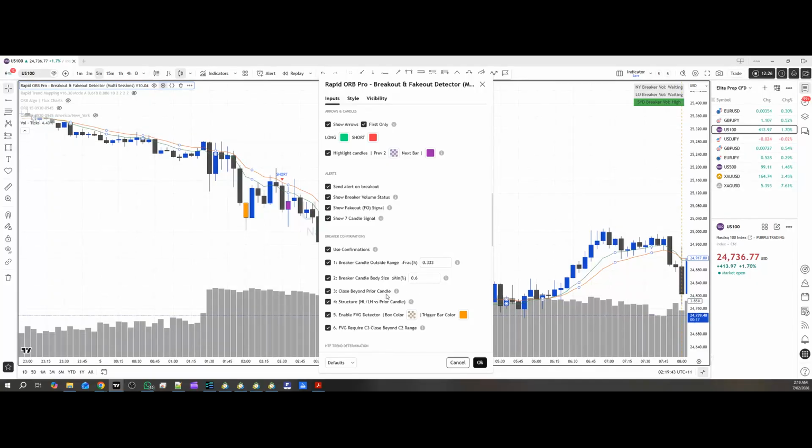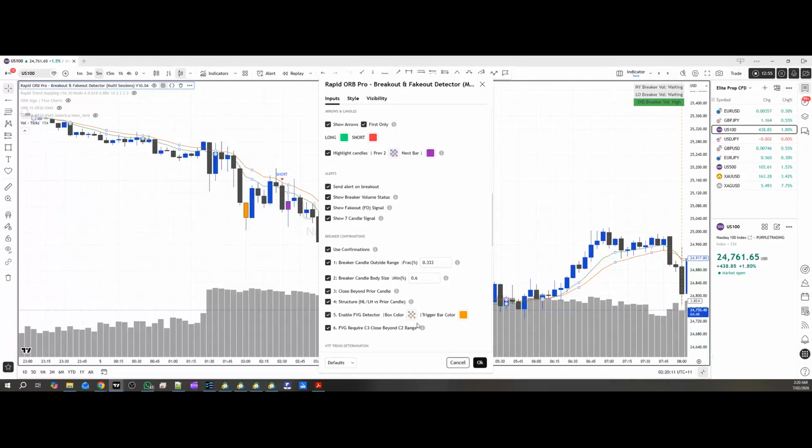Close beyond the prior candle, that means this has to close beyond the prior candle. If it is closed inside, no, it has to close outside of the prior candle. And this is the higher low. So higher high, higher low, higher high, lower high, higher high, lower high. Okay, so structure is confirmed over here.